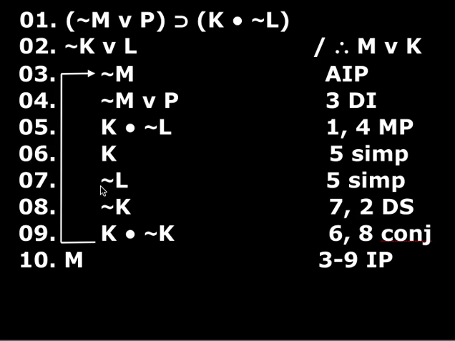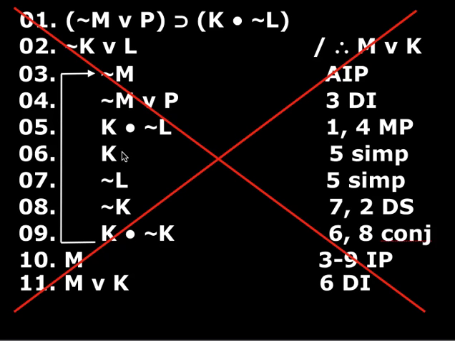I'm not sure. Oh, look, I've got K here on line 6. I could get M or K by disjunction introduction. M or K by DI on line 6. No, that doesn't work because here I've cited line 6, but 6 is in a subproof that's been closed. So that would be wrong.